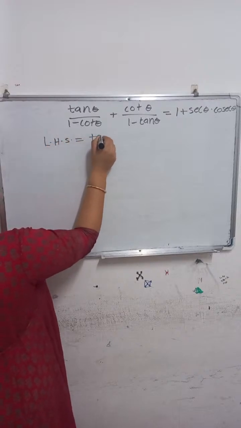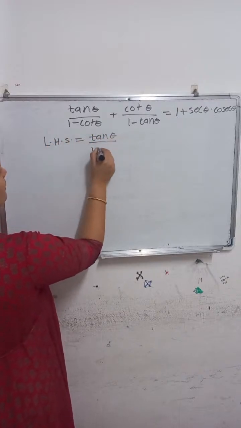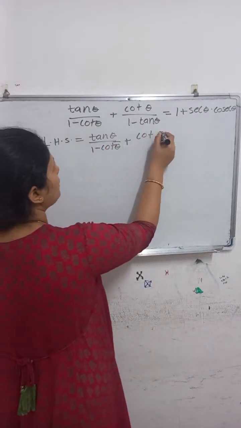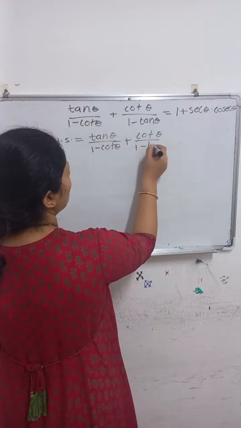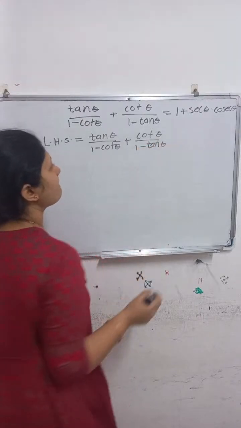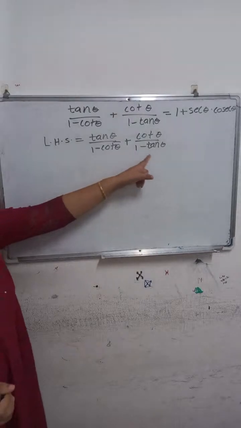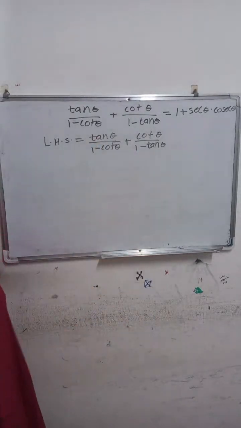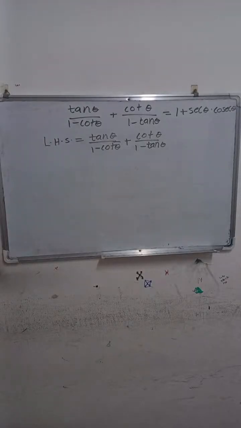So LHS is equal to tan theta upon 1 minus cot theta plus cot theta upon 1 minus tan theta. Convert this cot and tan in terms of sine and cos. Everything you can convert in terms of sine and cos.